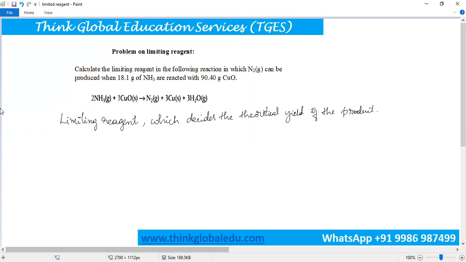So to determine the theoretical yield and to find the limiting reagent in a reaction, the first thing we should have is a balanced chemical equation.